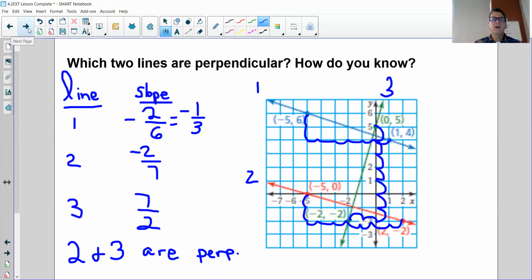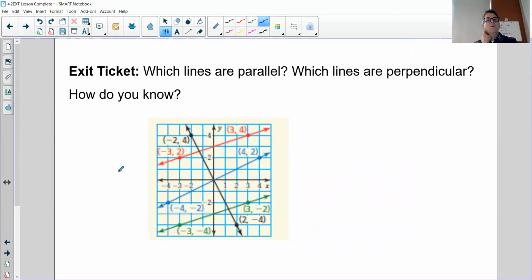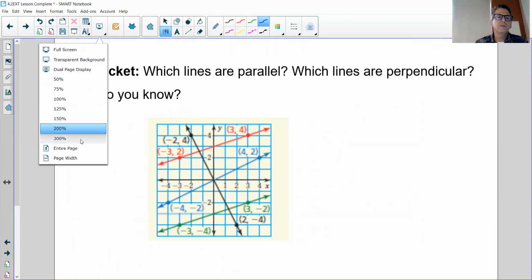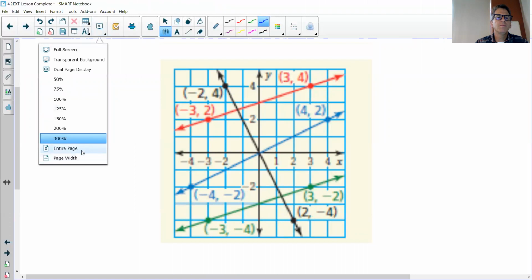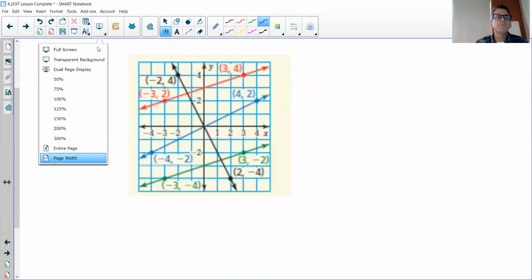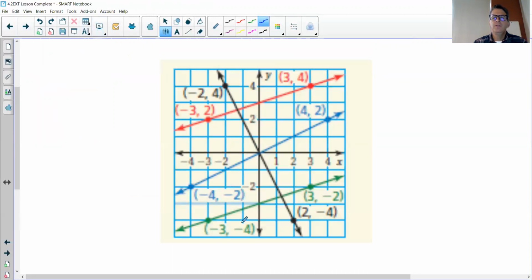One more example would be this type. Which lines are parallel? Which lines are perpendicular? So we have 4 different lines, and I'm just going to zoom into this a little bit more. We've got quadrants 1 through 4 here with these four lines. We're going to label them line 1, line 2, line 3, and this is line 4.